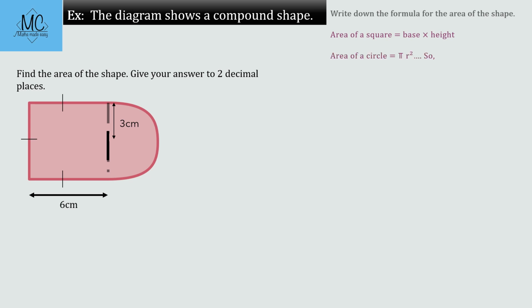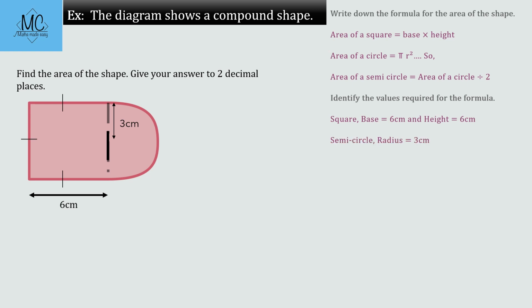Now as per this, I'll start writing my formulas. Area of a square, area of a circle, and area of a semicircle will be the area of a circle divided by 2. I'll start finding the values. As I have already told you, base is 6 centimeters, it means the height is also 6 centimeters for the square, and for the semicircle the radius is given as 3 centimeters. Start substituting the values and start calculating.